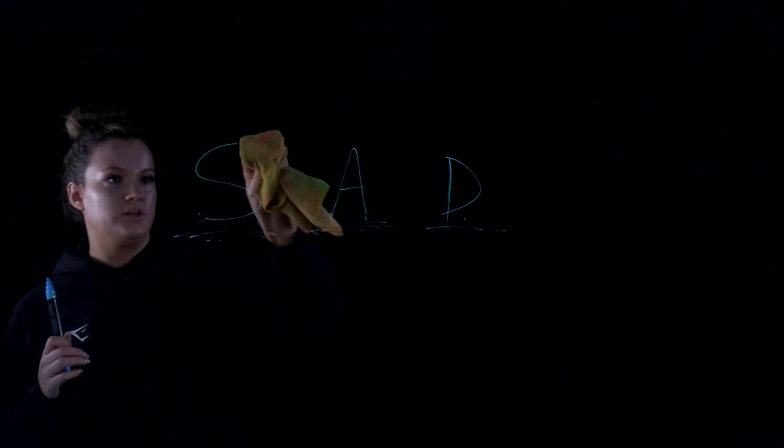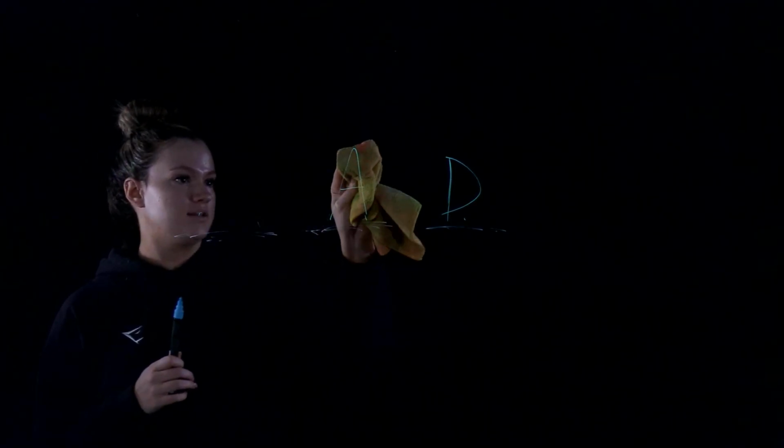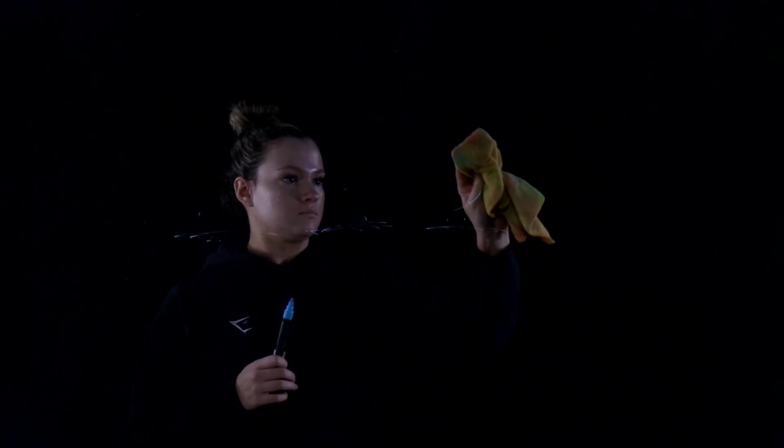Okay, we're going to move on to the only sight word that starts with a T. We're going to do that. Okay, so we have tap, as in I'm going to tap on the door. Okay, so we have tap, so t.